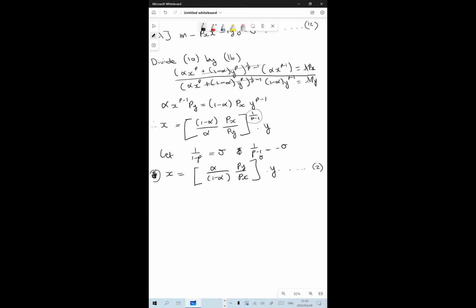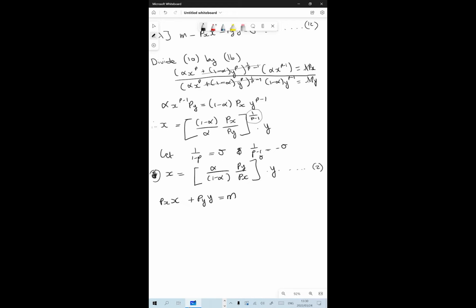But before we plug in our y, we're going to have to express y in terms of the budget constraint. Remember, we said that our budget constraint is px, the price of x times good x, plus the price of y times good y, is equal to your income.